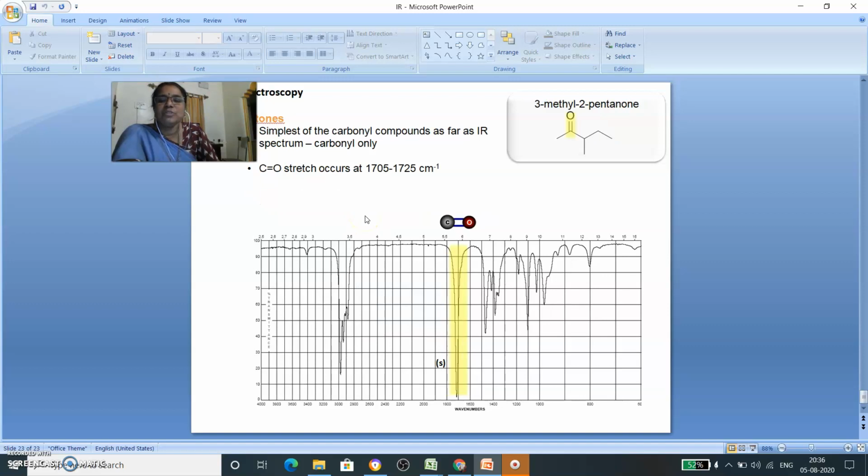This is all almost fixed, and you are supposed to remember it. This is one more example, 3-methyl 2-pentanone. The CO stretch is at 1705 to 1725 centimeters, right? With this, IR spectroscopy is completed.